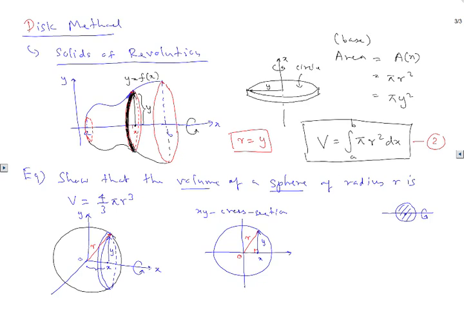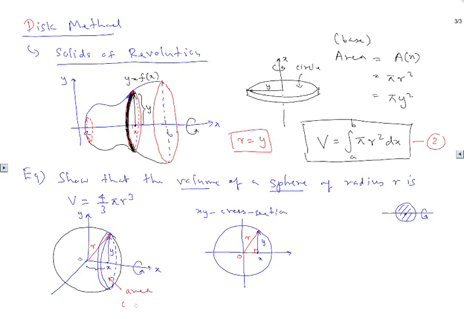Good. Now what we want to do is find the base area, the area of this cross section. What is the radius of this disk? The radius is simply the y coordinate.